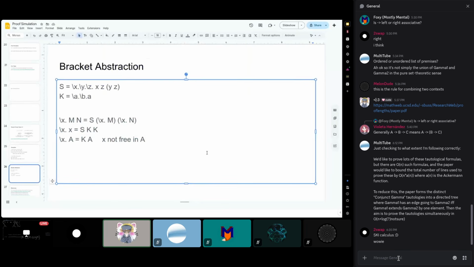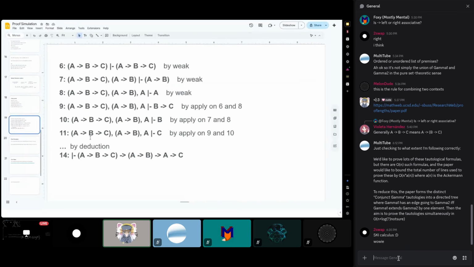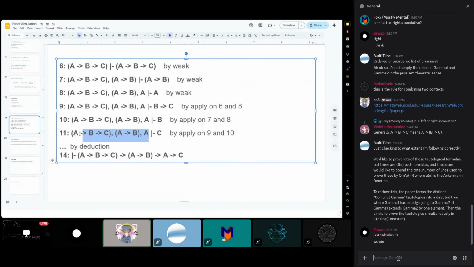Would you like to see an explicit construction of that algorithm? Absolutely. I did write it out once, not very effectively. Okay, so what the paper said to do is to package together, if you look at this through the Curry-Howard correspondence, this context here, you can think of these as bound variables in some scope, right?